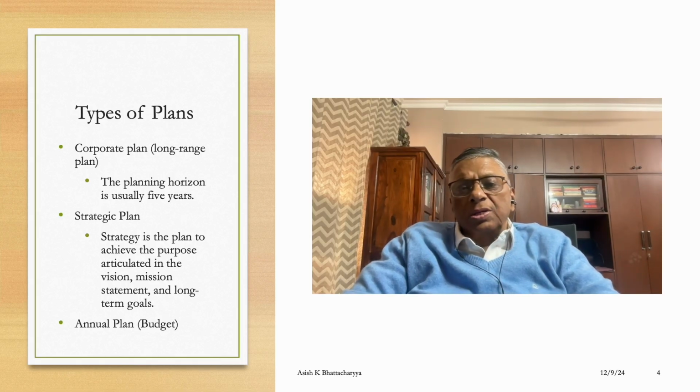There is another concept we talked about, the emergent plan. That arises because when you encourage lower level employees to innovate, they do certain things which are beneficial to the company, and that gives rise to a new strategy.